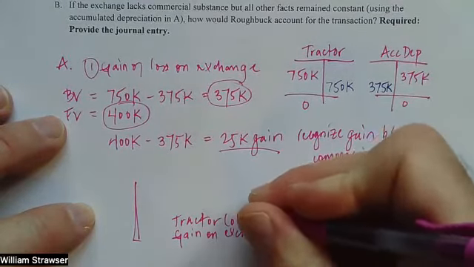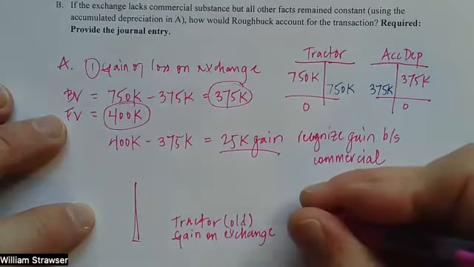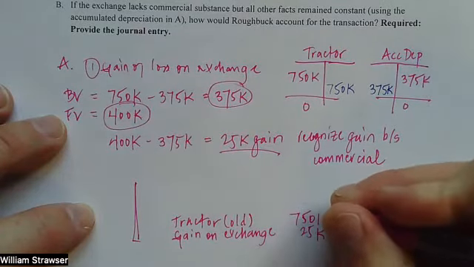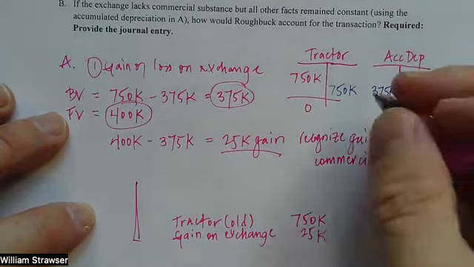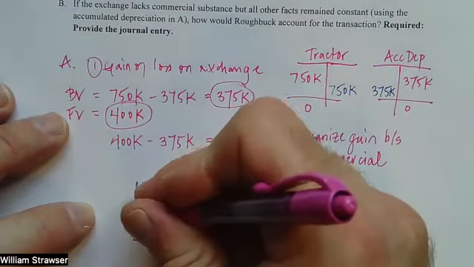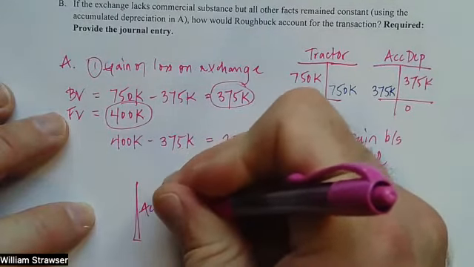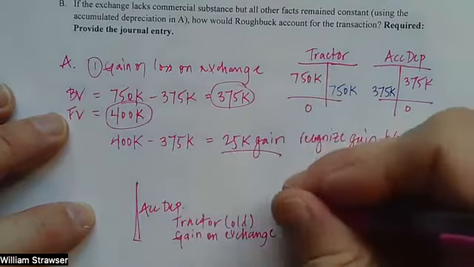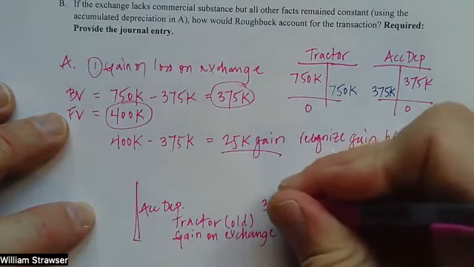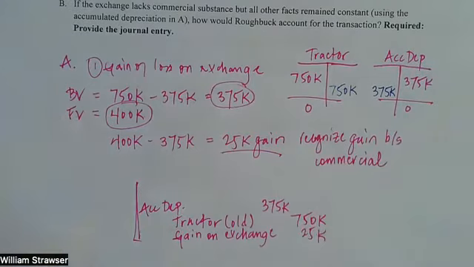Those are the old tractors that I'm getting rid of for $750,000, and debit accumulated depreciation for $375,000. Okay, so now I got that taken care of. I removed what I'm giving up from my balance sheet.